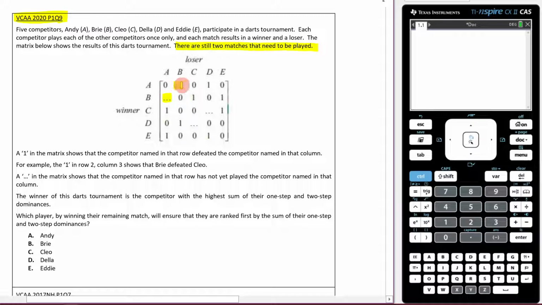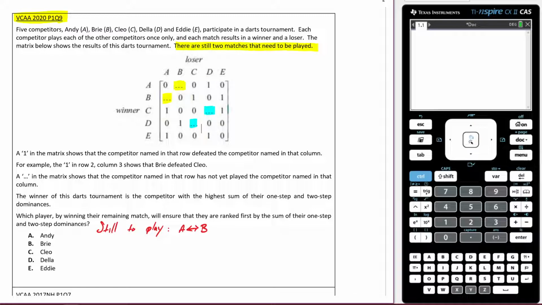So these 2 blank boxes represent the fact that, and we'll write this down, still to play is A versus B. And then we also have here, D has not yet played C. So that means we don't know the result of CD here.